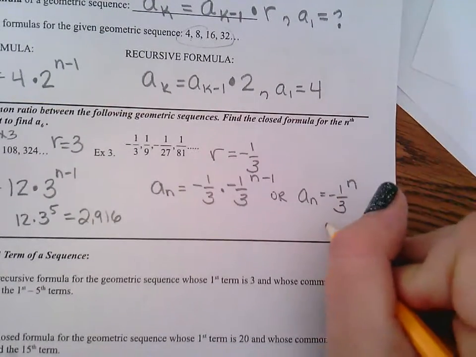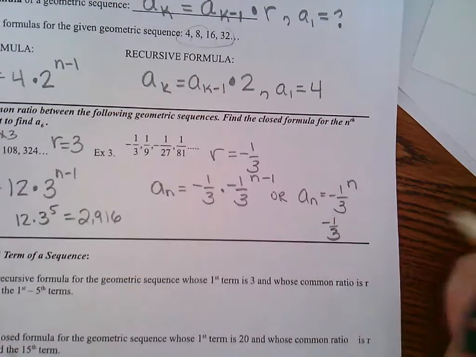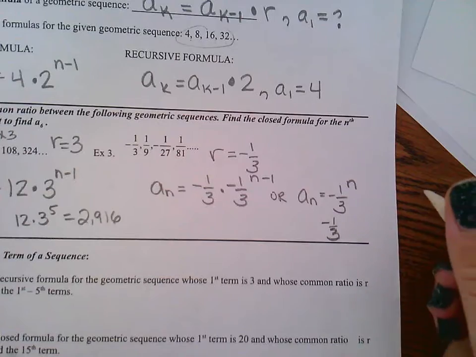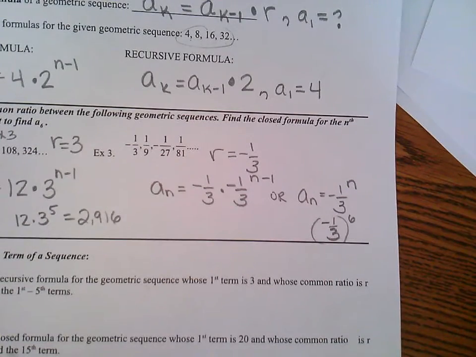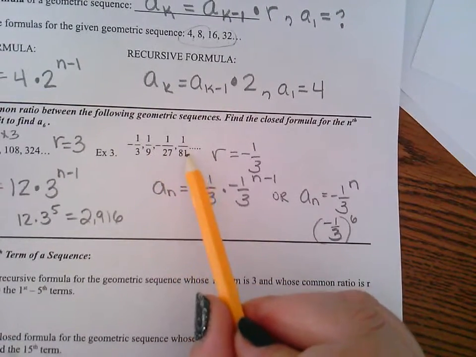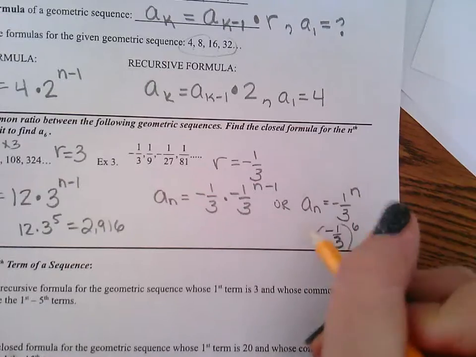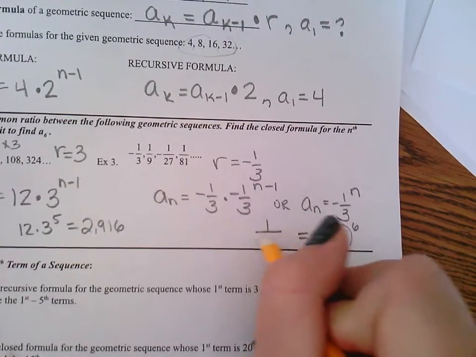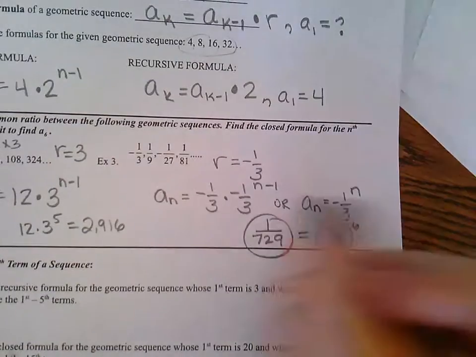So I've got negative 1/3, and that's being raised to the 6th power. So it's going to be a positive number. See how it's going negative, positive, negative, positive? So 3 to the 6th is 729. So I must have positive 1 over 729 as my 6th term.